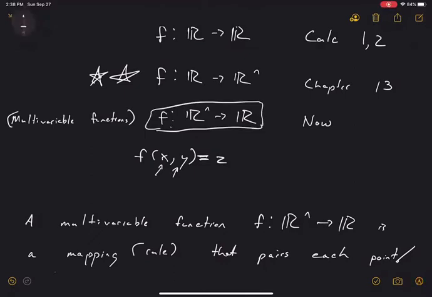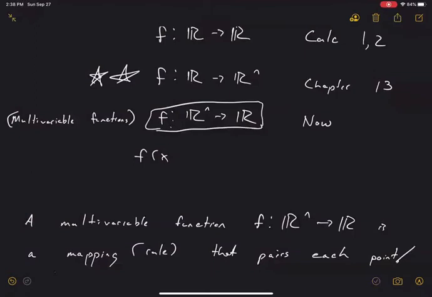If n is greater than one, it's a multivariable function. We could have two independent variables giving us a dependent variable, or a function of three variables giving us a fourth dependent variable, or a whole ton of variables.